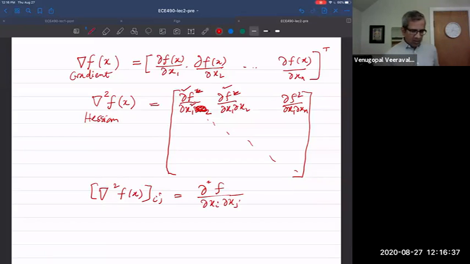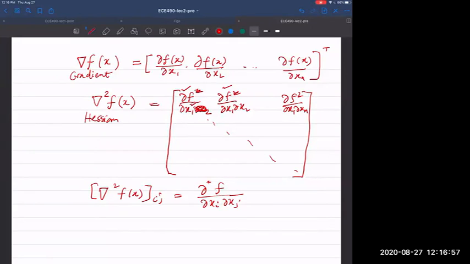Okay, so this is called the Hessian. What do you think is the equivalent condition, in higher dimensions, to the second derivative being positive? Positive semi-definite. Positive definite.